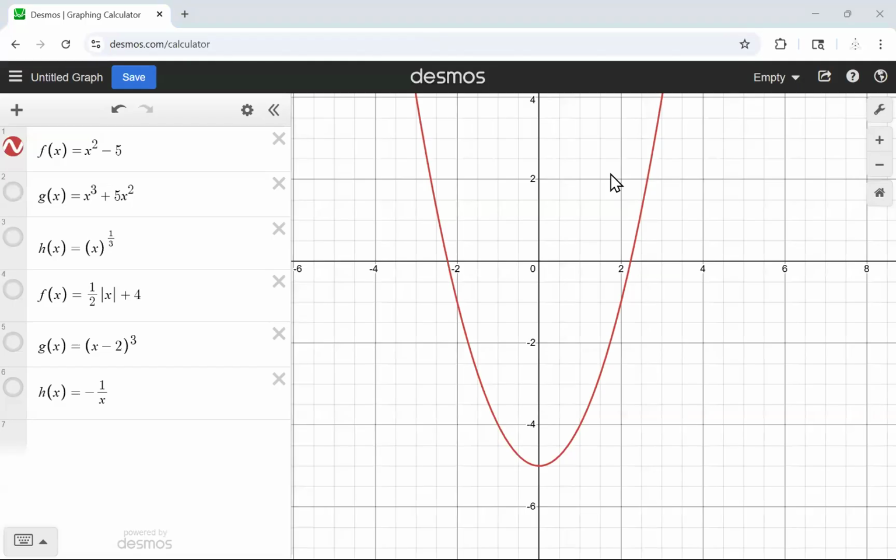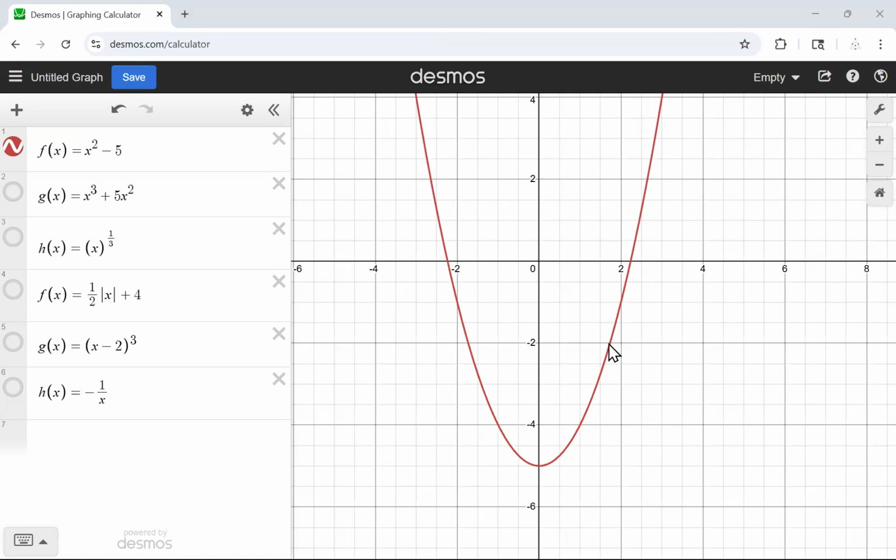I've graphed this on Desmos. Obviously, you could graph it on the TI-84 calculator as well if you want. So let's take a look at these one at a time. My first one was f of x equals x squared minus 5.